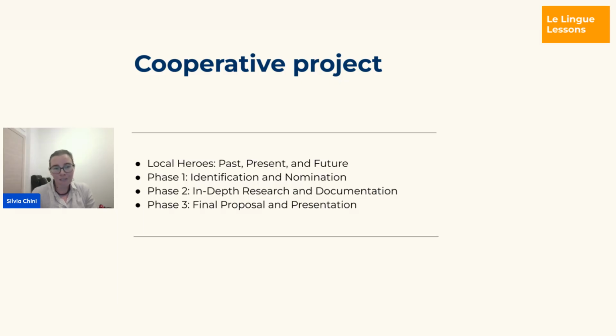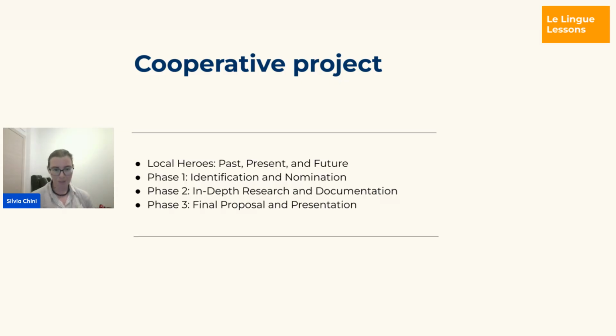Then the third phase, the last one, it's the final proposal and presentation. So you can choose the art of the presentation. They can make a video, they can bring the person to school if the person is alive, they can write an essay, they can write a report, they can prepare a digital poster or a paper poster.